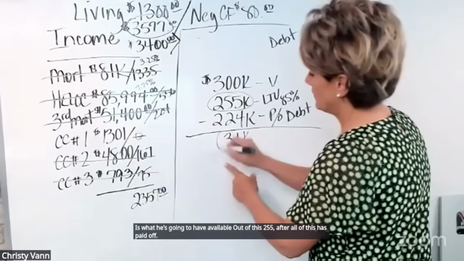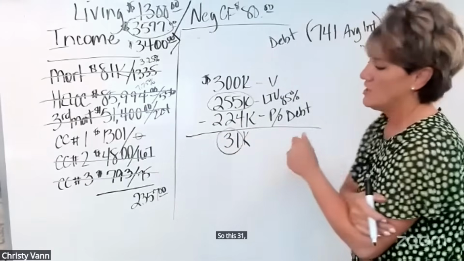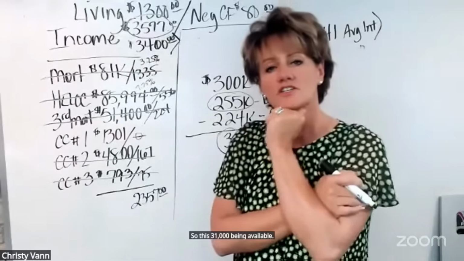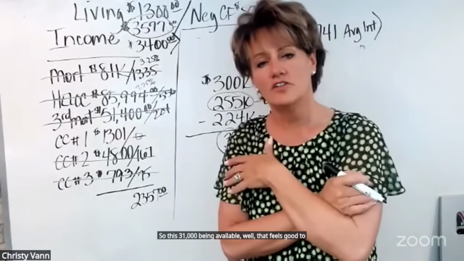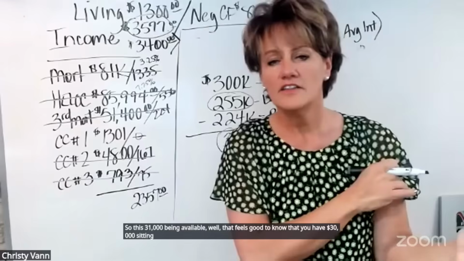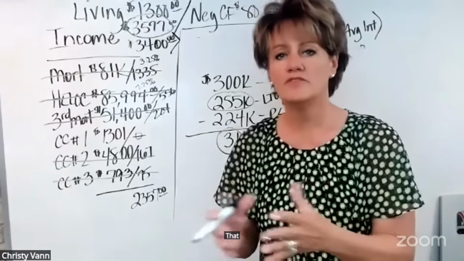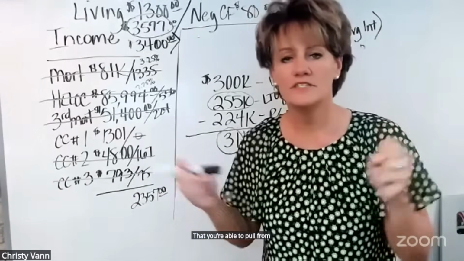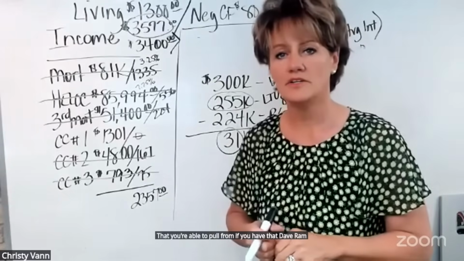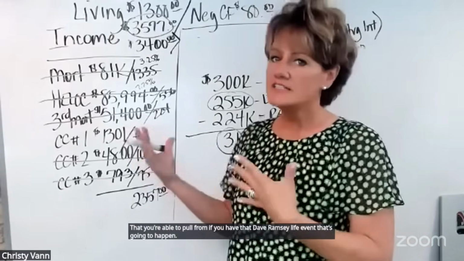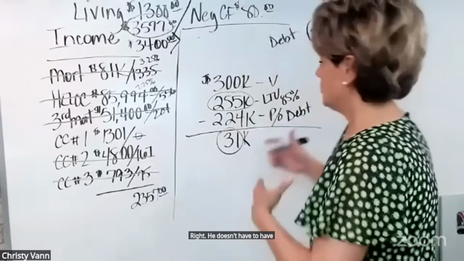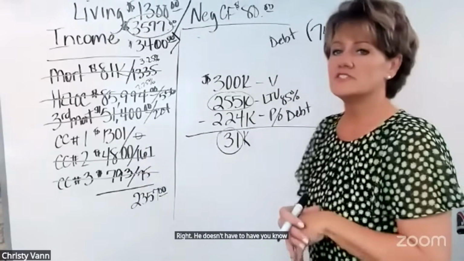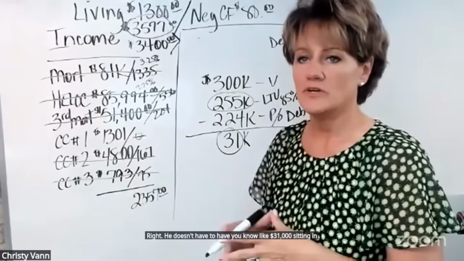So this 31,000 being available, well, that feels good to know that you have $30,000 sitting on the side that you're able to pull from if you have that Dave Ramsey life event that's going to happen, right? He doesn't have to have, like, $31,000 sitting in a savings account somewhere.